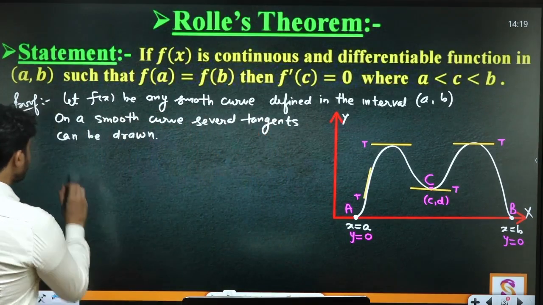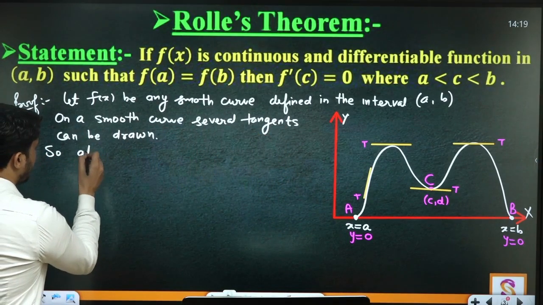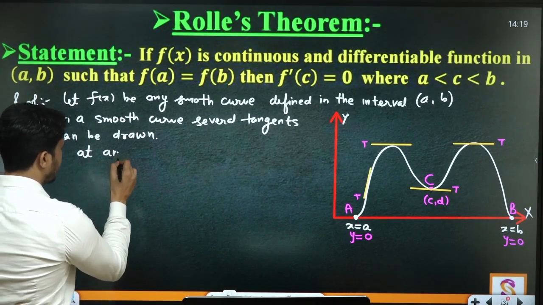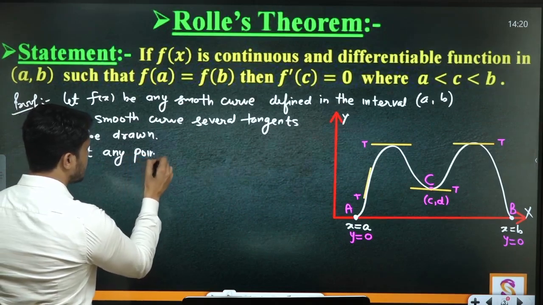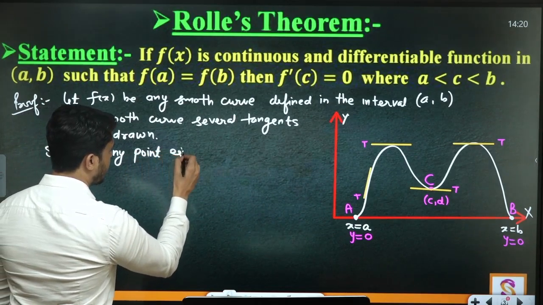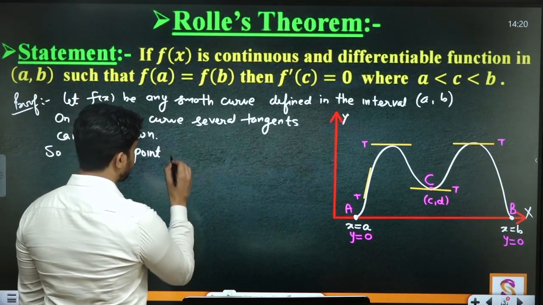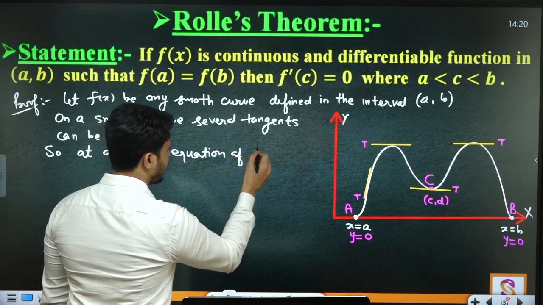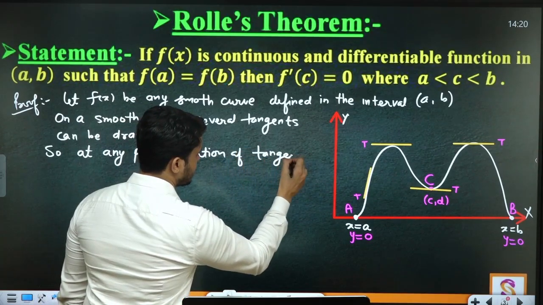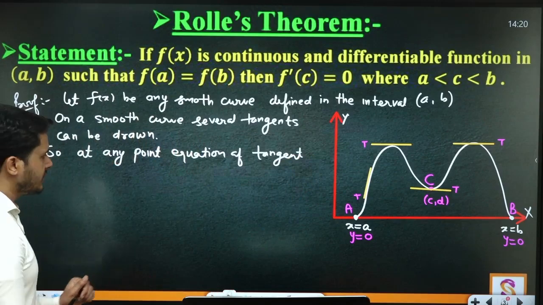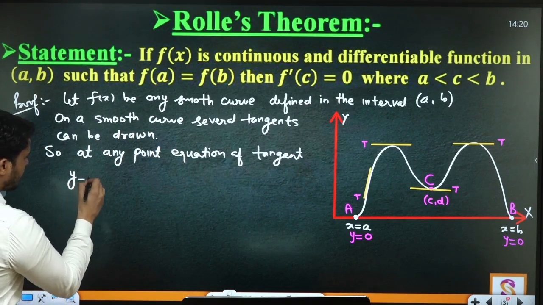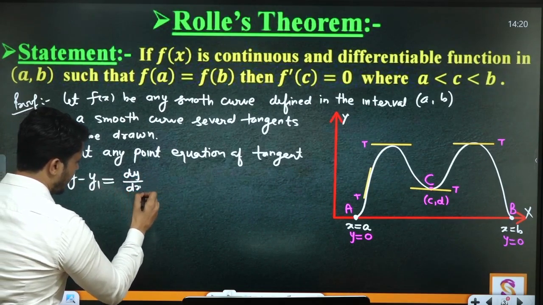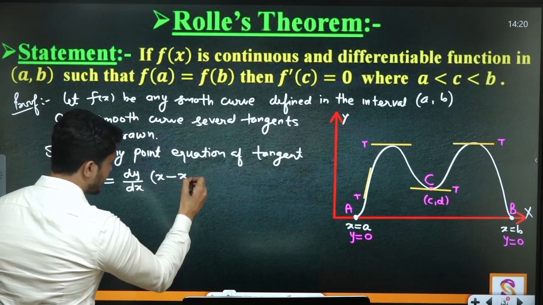So at any point the equation of tangent क्या होगी, y minus y1 is equal to dy upon dx into (x minus x1).